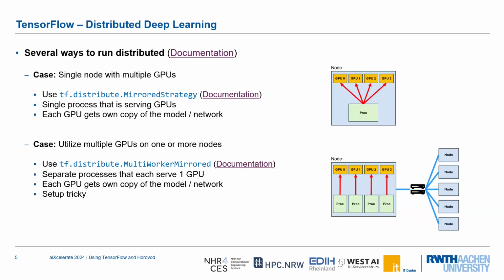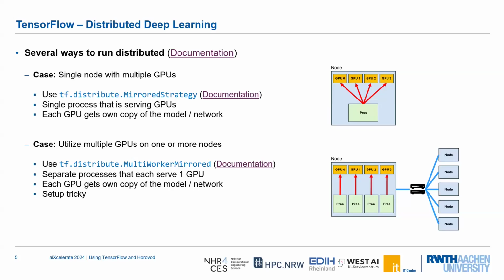Then we have a different case. So we want to use multiple GPUs, and this can be either on one node or also on multiple nodes. So for example, if you want to use 4 nodes and all the 16 GPUs that are within these 4 nodes, then you need to do a small change here. We go from mirrored strategy to multi-worker mirrored strategy.